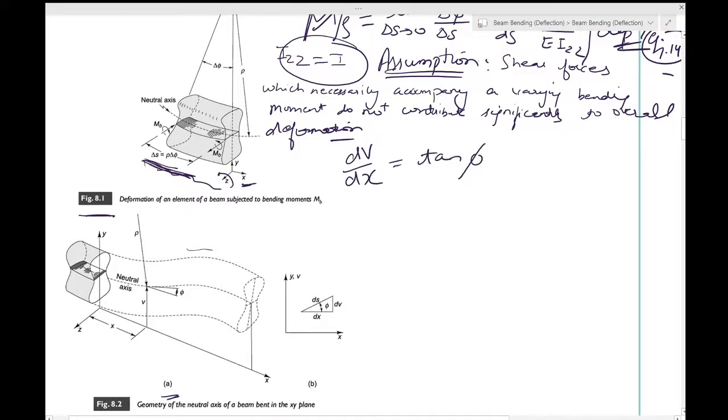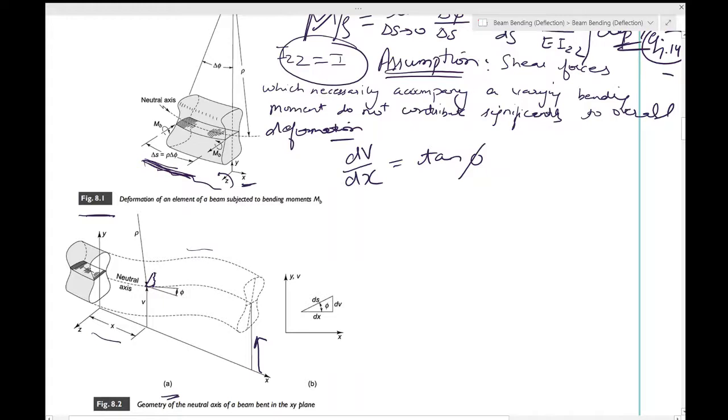So y is this, x is this. dv by dx is basically the change in this direction, going up, the change dv which happens over a distance dx, and that will give a phi.